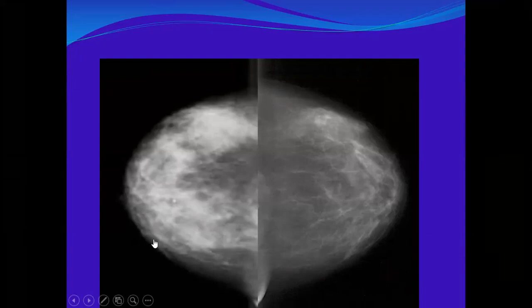If I told you the patient has a palpable abnormality, next step, I will do compression for such a patient.